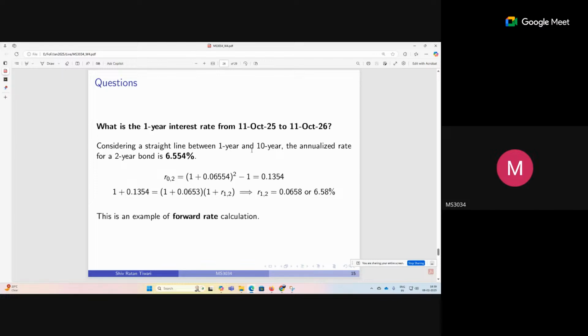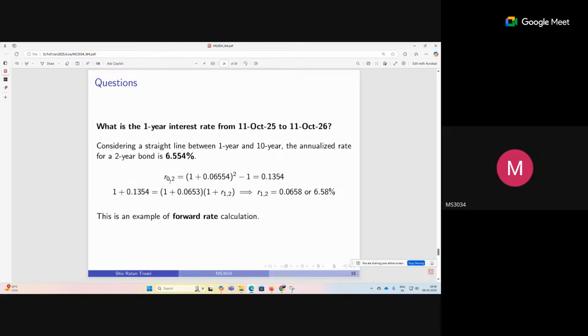For example, here we were given values for 1 year and 10 year, so we can draw a line between 1 year and 10 year, and then we can calculate the annualized rate for a 2 year bond, and that comes out to be 6.554%.